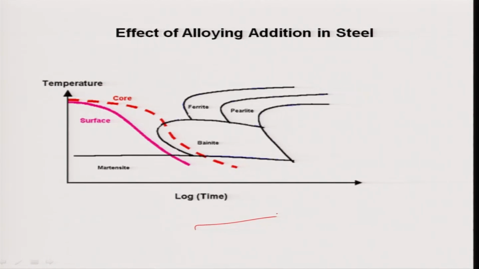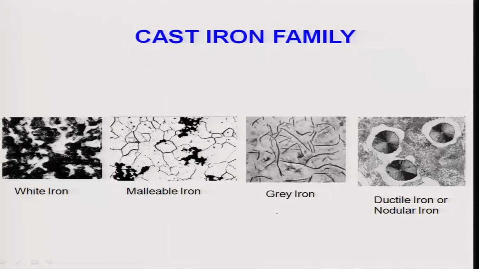That is what is done in the heat treatment of steel. I do not want to go into the aspect of alloying, that is not required. Now, so far I gave you a basic understanding of the TTT curves.